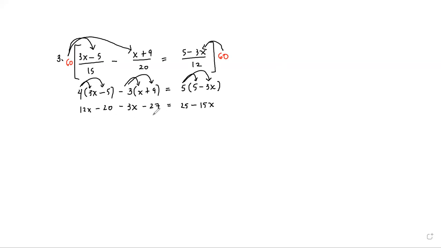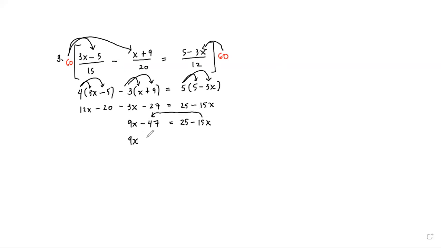Combining like terms at the left side of the equation will give us 9x. It's because 12x minus 3x is 9x. And negative 20 minus 27 is negative 47. And then we rewrite the right-hand side, which is 25 minus 15x. And then we shall transpose the negative 15x to the other side.